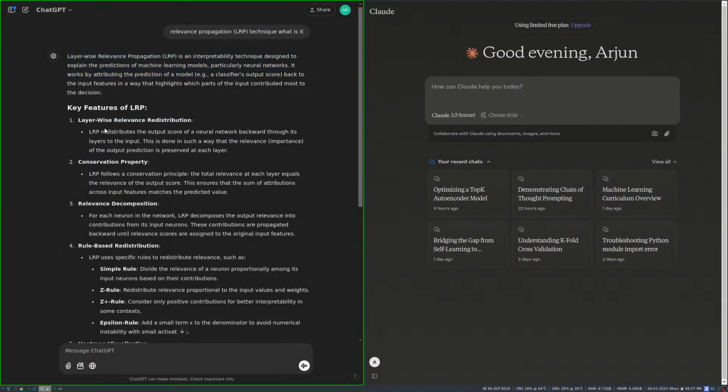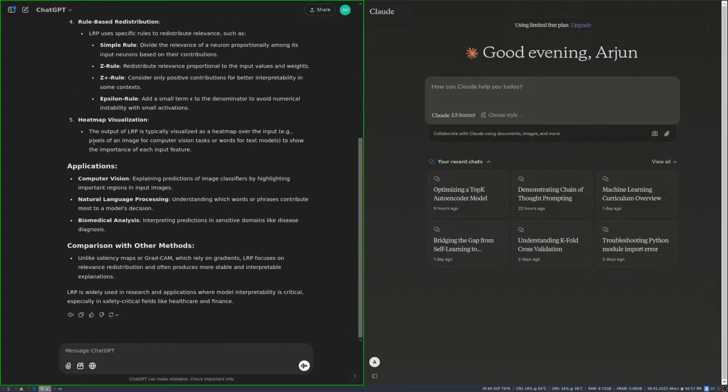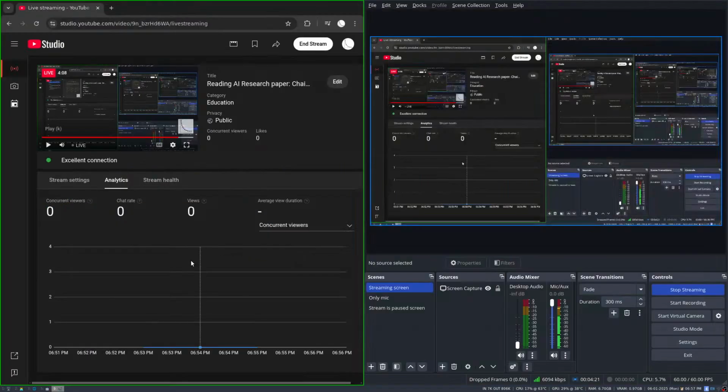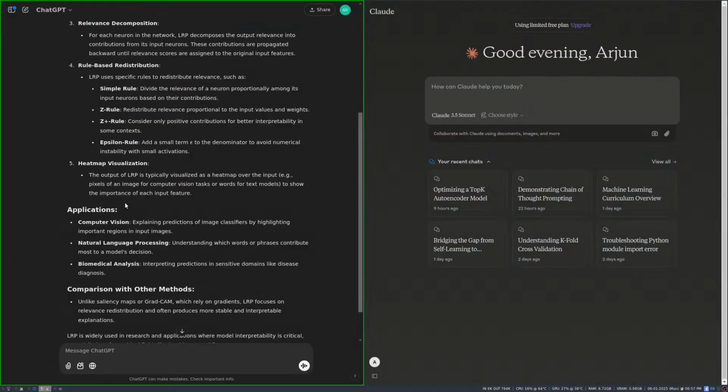Layer-wise relevance propagation: redistribute the output score of a neural network backward through the layers of the input in such a way that the relevance of the output prediction is preserved at each layer. I mean, okay, I don't know what it is. I have no idea, but we'll continue.